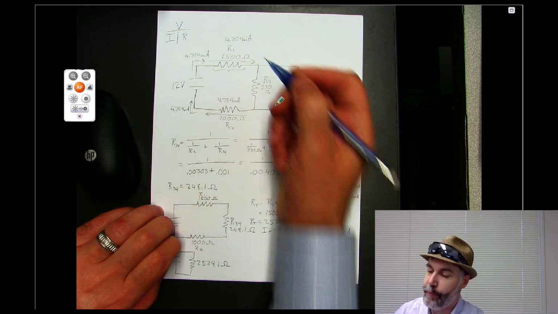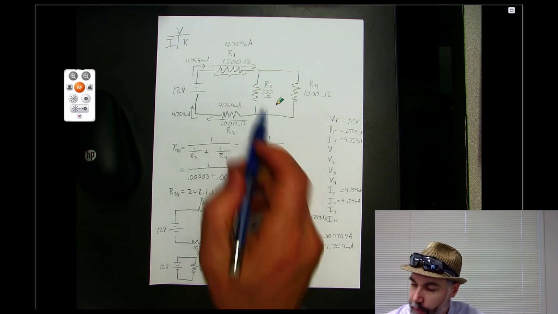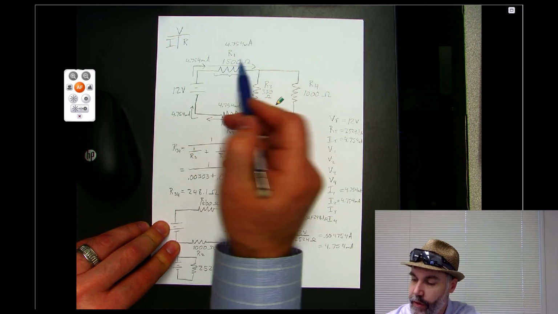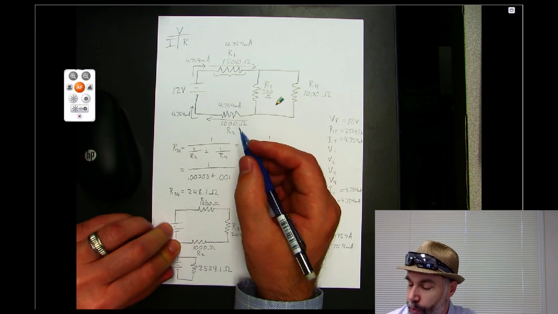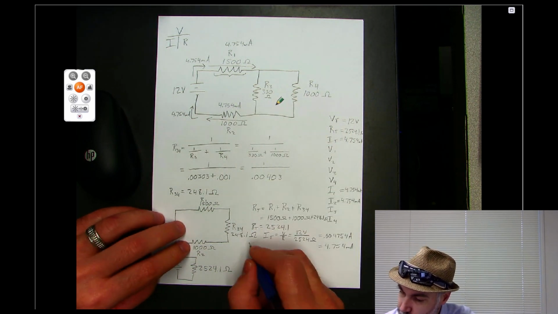And how could we figure that out? Ohm's law, perfect, because we know the current and we know the resistance there, so we can use that to figure out the voltage. So we'll do that.